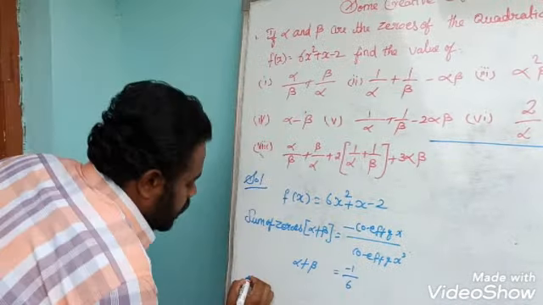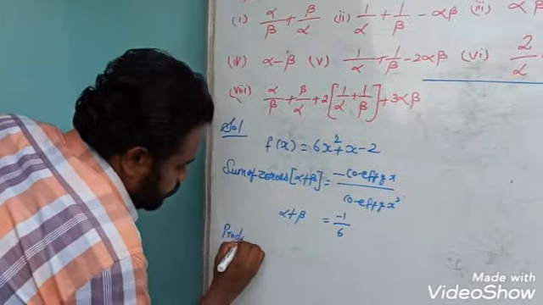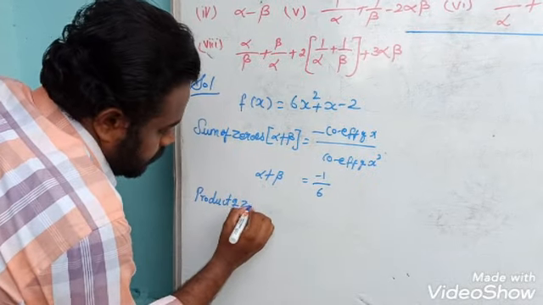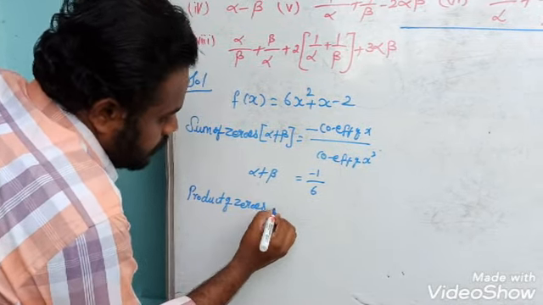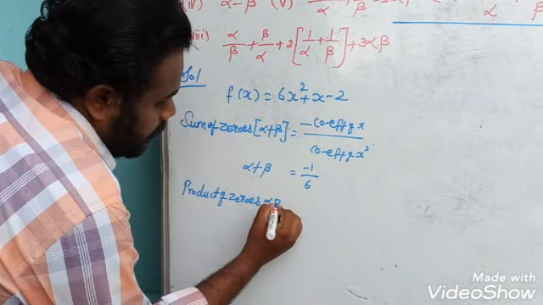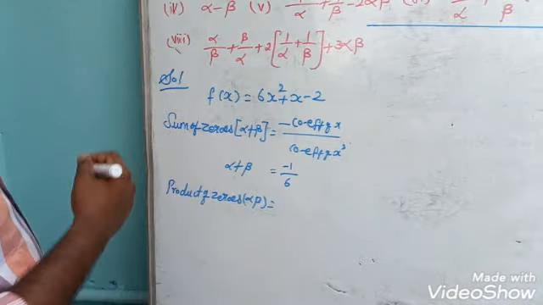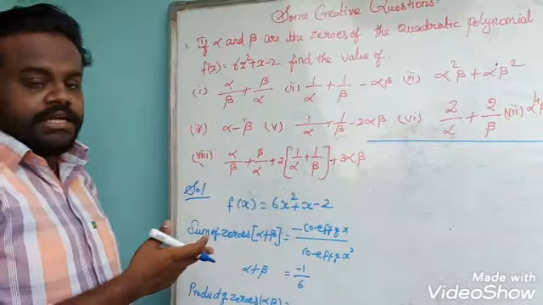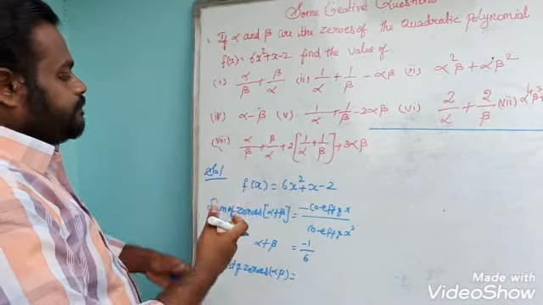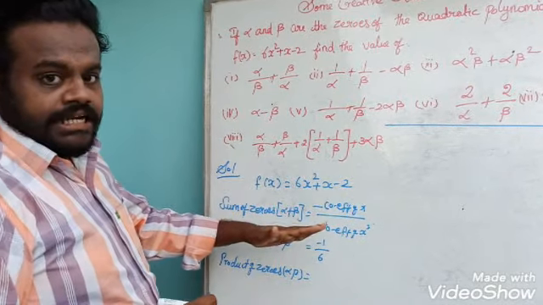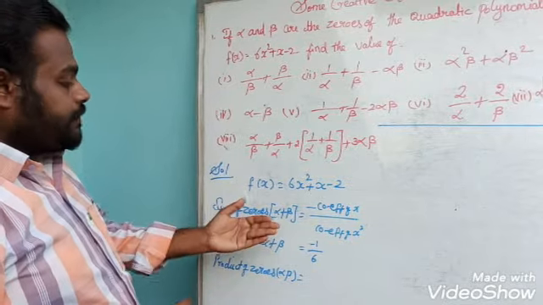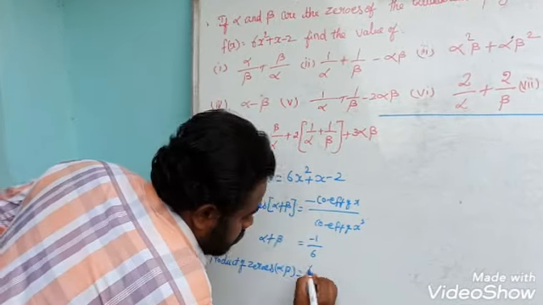Next, the product of zeros, alpha beta. What is this? Here we have to take the constant divided by the coefficient of x square.